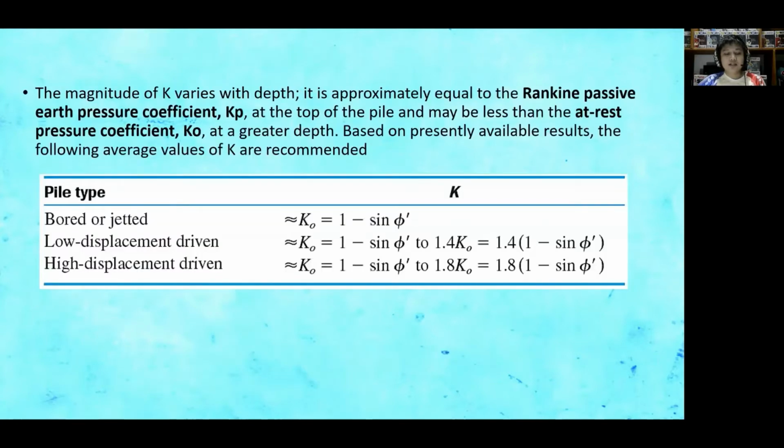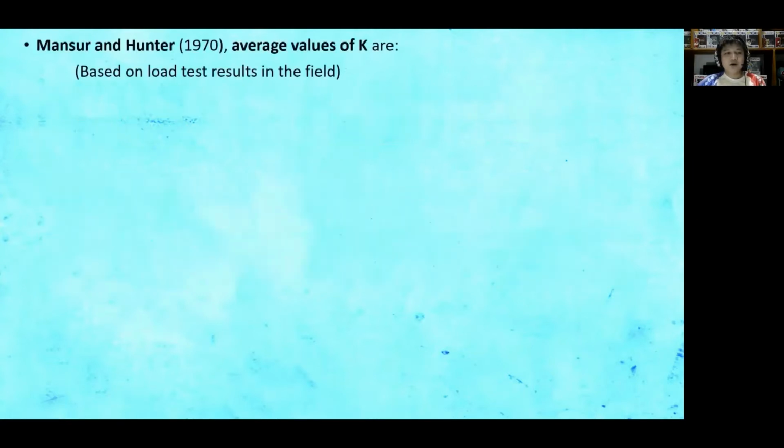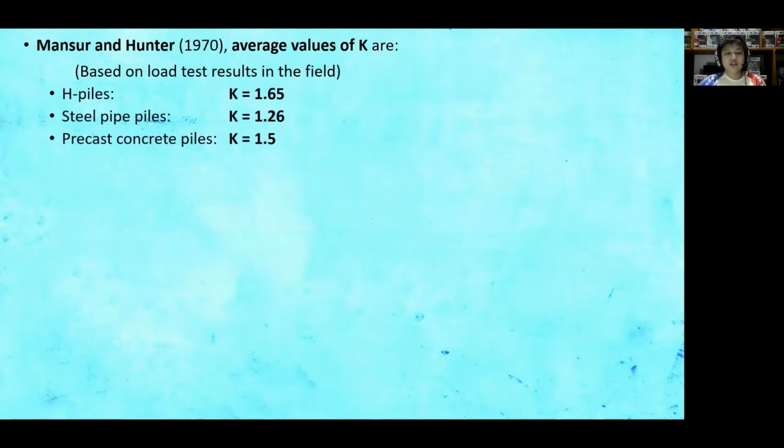The table presents the different values of at rest pressure coefficient for different pile types, or our K sub O. According to Mansur and Hunter, the average values of K are: for H piles, K is about 1.65, steel pipe piles, K is about 1.26, precast concrete piles, K is about 1.5.